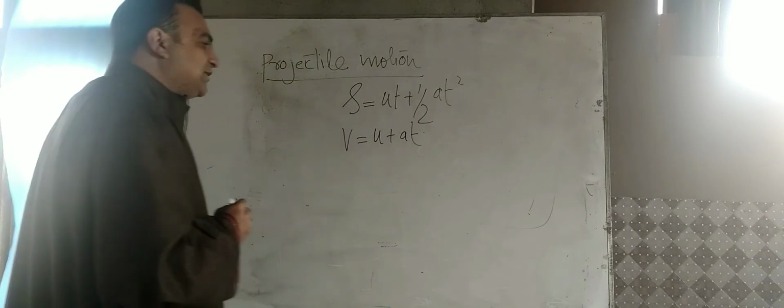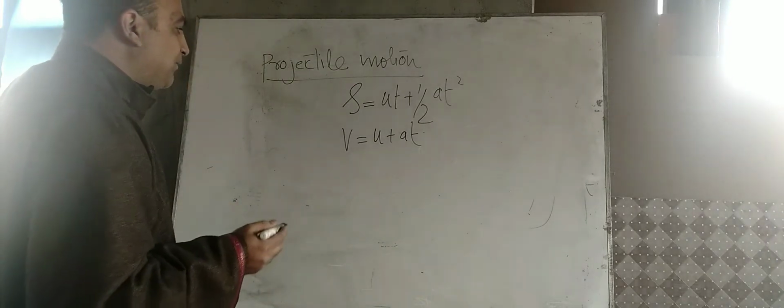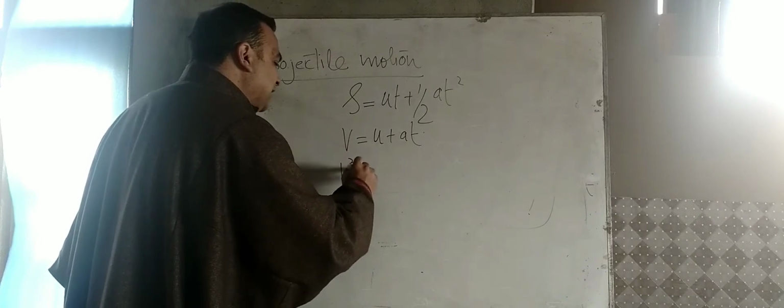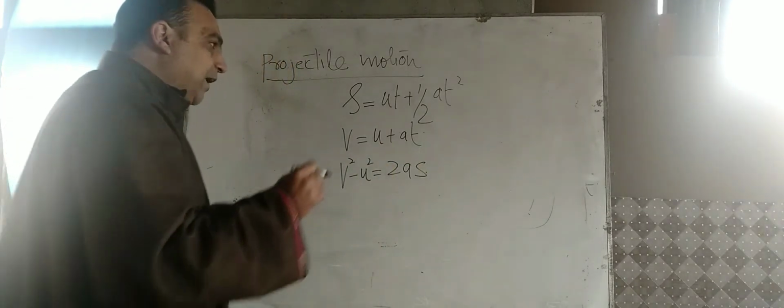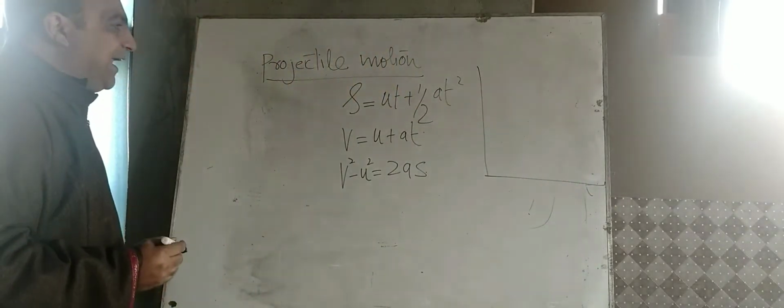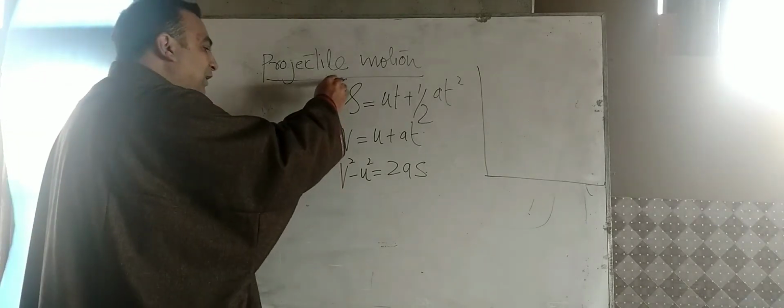This equation gives us velocity. And the third one is v squared minus u squared is equal to 2as. Now, if we are in the domain of a two-dimensional motion, then these equations are equally valid.